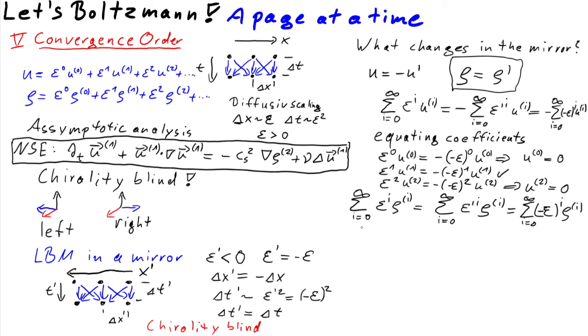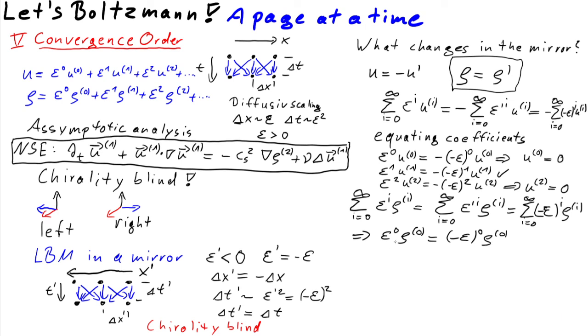Now again, equating coefficients for this gives us the following. We have epsilon to the power 0 times the order 0 of rho is equal to minus epsilon to the power 0, which again is equal to 1, and this times the order 0 of rho.